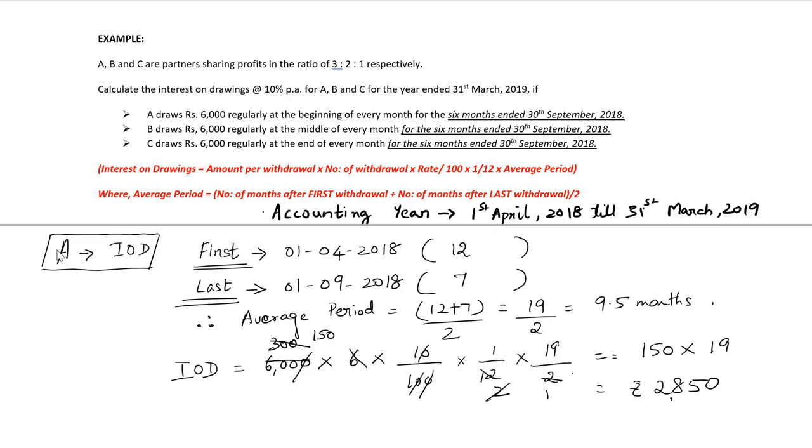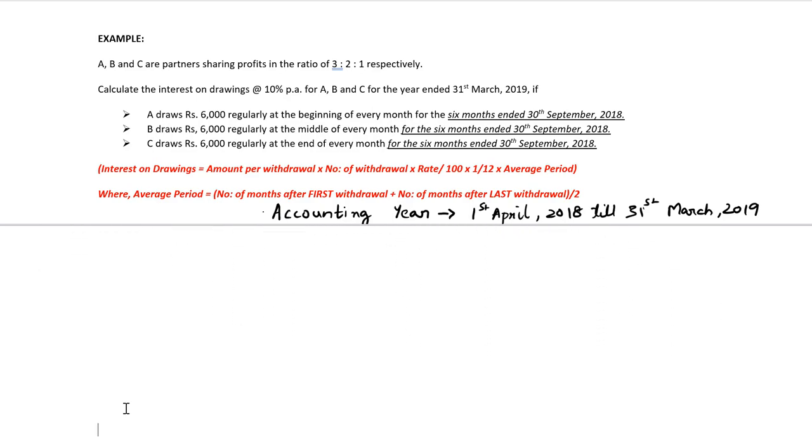Let's go on to the interest on drawings for B. First withdrawal: B draws 6,000 regularly at the middle of every month for the 6 months ended 30th September 2018.